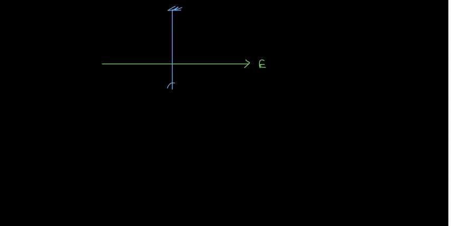Here is the bob, and the downward force is mg, and as the field is horizontal, there will be a force acting horizontally in this direction that will be equal to qE. Now the interesting fact here is that they have given this qE is also equal to mg, right? So if that is the case, then the resultant force will be in this direction. So the pendulum will be like this.